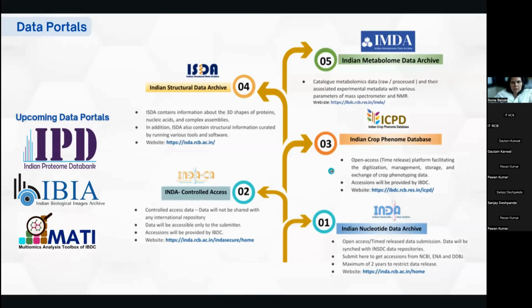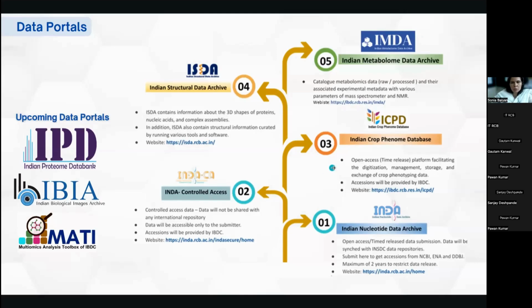Our third portal is the Indian Crop Phenome Database, which is a little unique, as it is not on molecular data, but on crop phenotype. Considering that India is an agricultural powerhouse, it is important that all the agriculture data generated in India, regarding different trials against yield related traits and stress related traits, be submitted at a specific place and repurposed, which would definitely create a good amount of new knowledge.